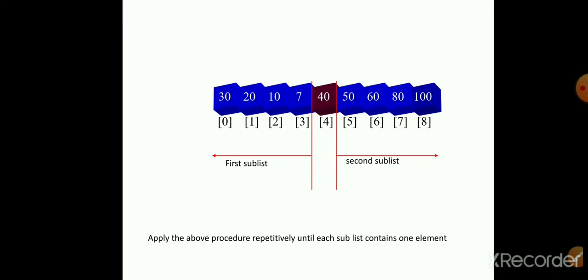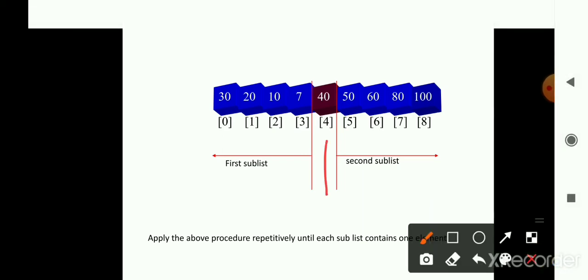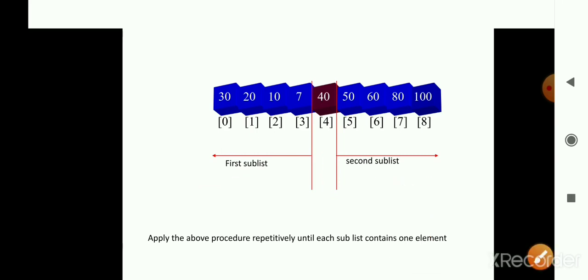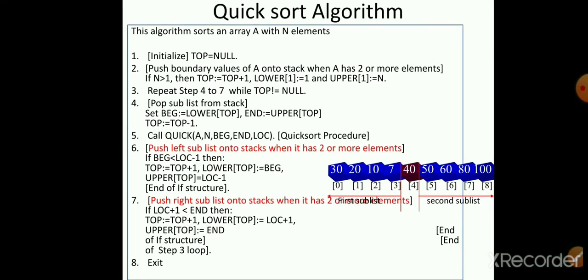We found out that the actual position of 40 is in the middle, and here we have the first sublist and here the second sublist. So we have to recursively call the same quick procedure here. That is the actual algorithm.